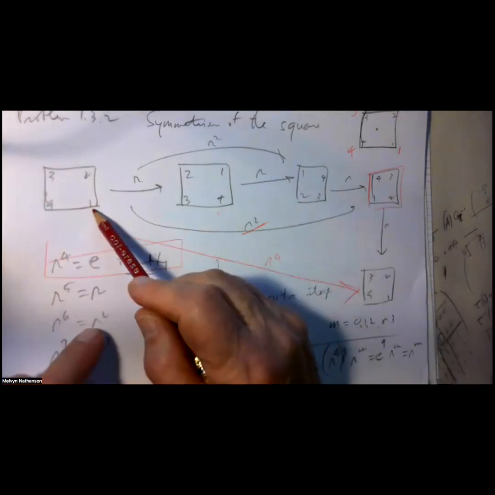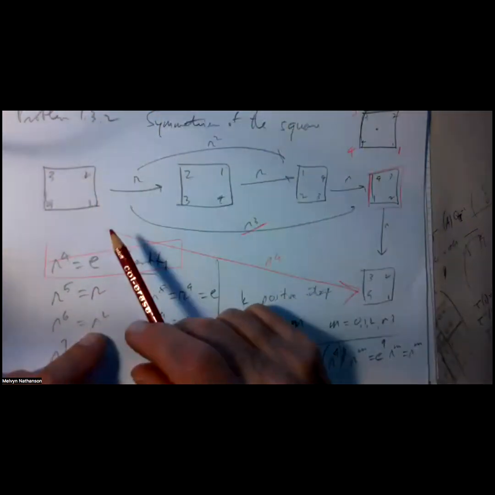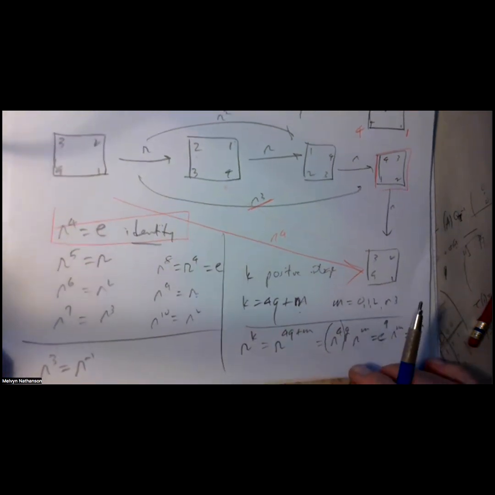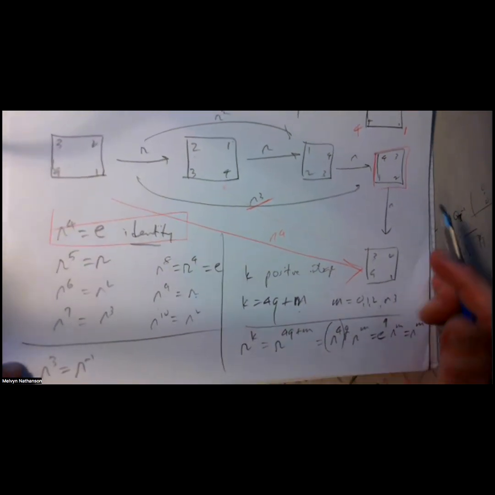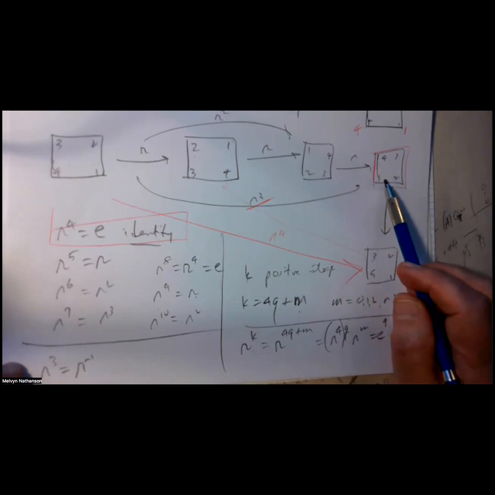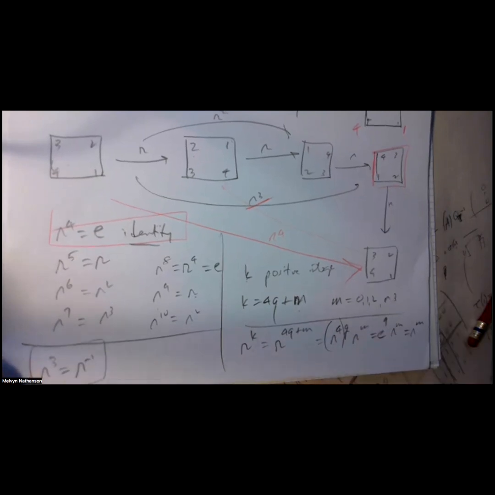Instead of rotating everything by 90 degrees in the counterclockwise direction, here you've rotated everything backwards. So r cubed is the inverse of the rotation r. The rotation r inverse, you rotate clockwise by 90 degrees, or pi over 2, around the centroid. r cubed is equal to r inverse.